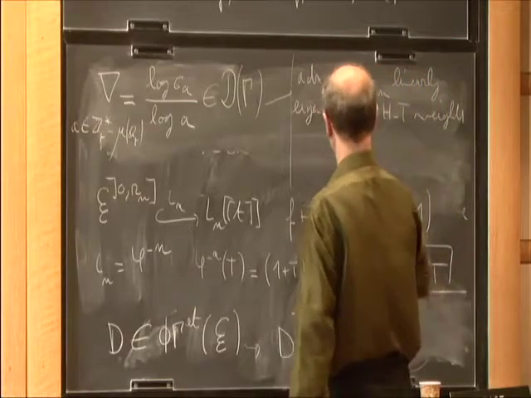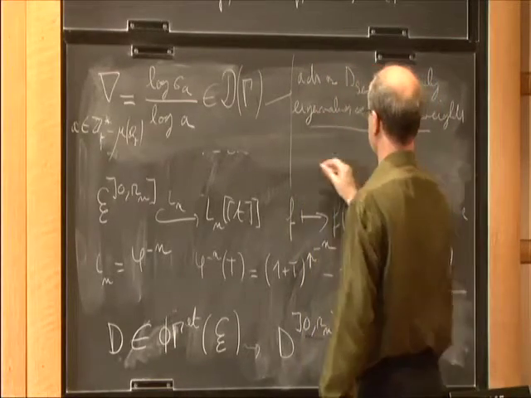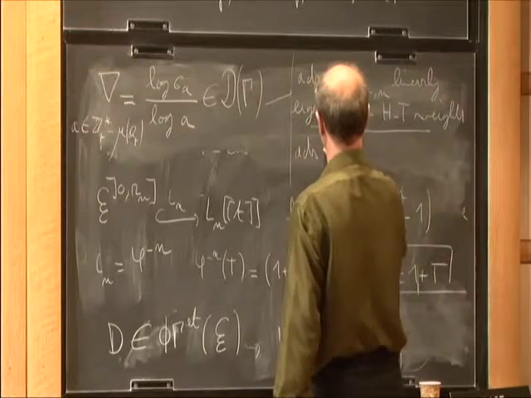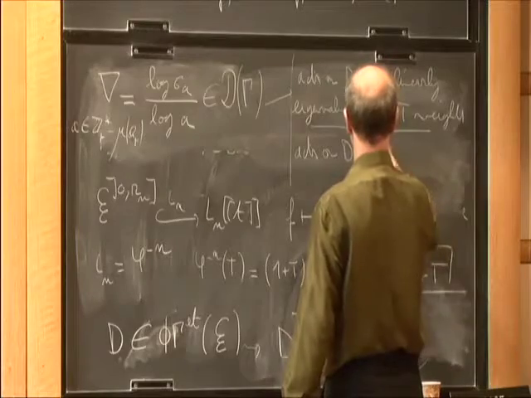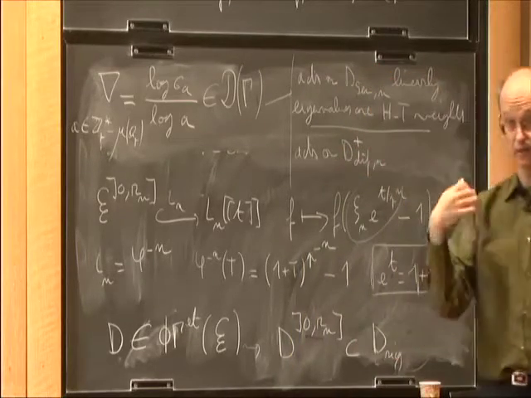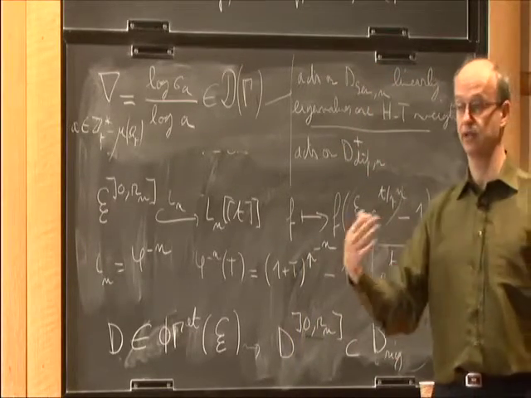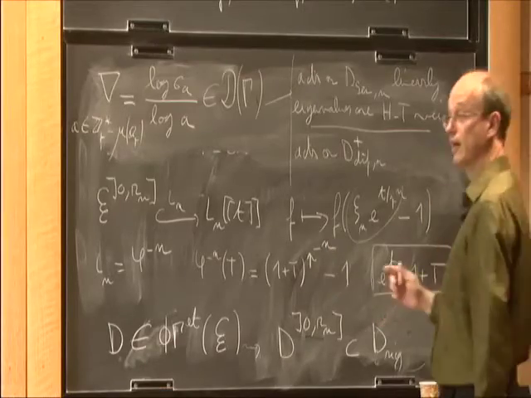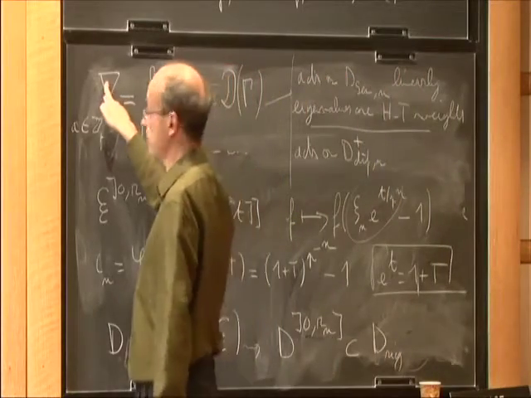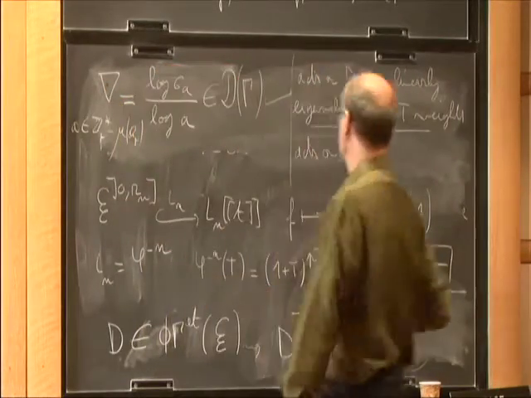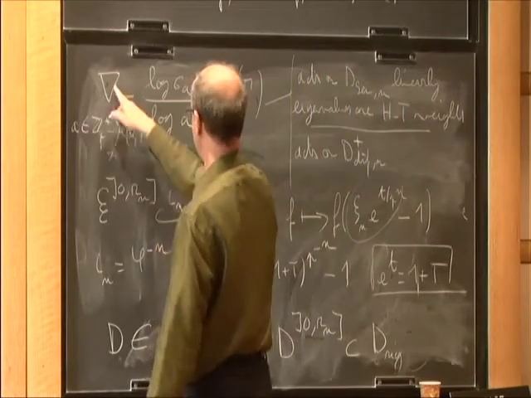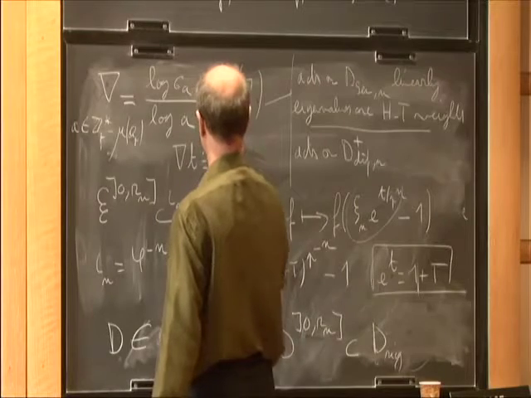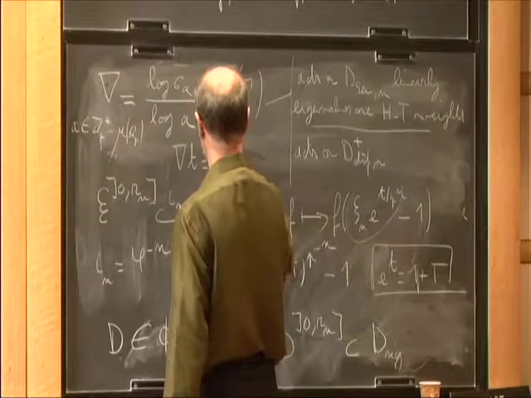Now, something important is that it also acts on D_diff,n^+, but now this is not a linear action, it's a connection. So if you look at what this gives on coefficients, if you apply nabla to t, you're going to get t.